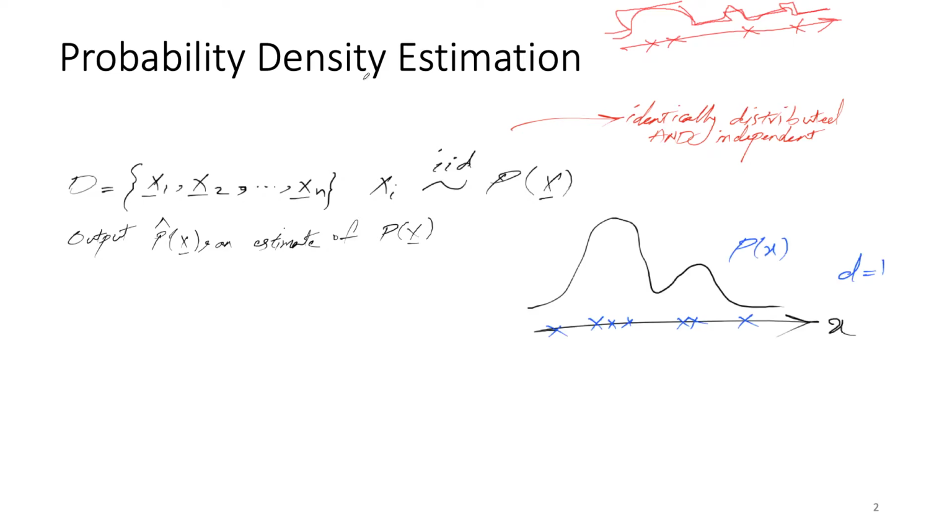Here we have 7 x's, and we want to find a distribution corresponding to that. We want to match it like this. That was the real estimate. We want to find a p hat that is close enough to that, say something like this.